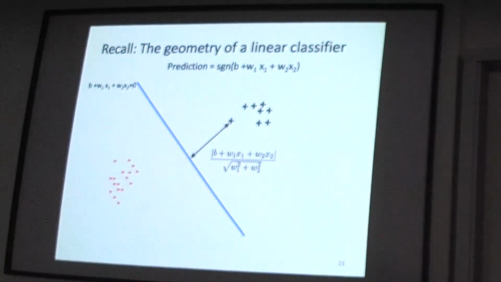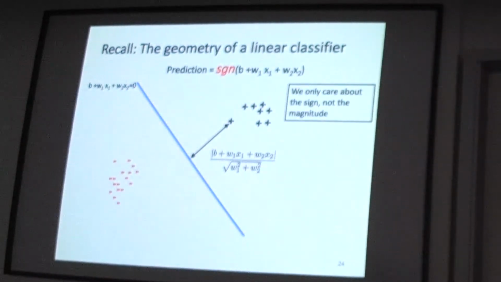And from the geometry, we know that if you want to calculate the distance between any point and this decision boundary, in the numerator, we just substitute the coordinates of these points inside this decision function, right? We take the actual value, then divide it by the norm of the weight, square root of W1 squared plus W2 squared. So this is just the formula, just apply the formula to calculate distance.